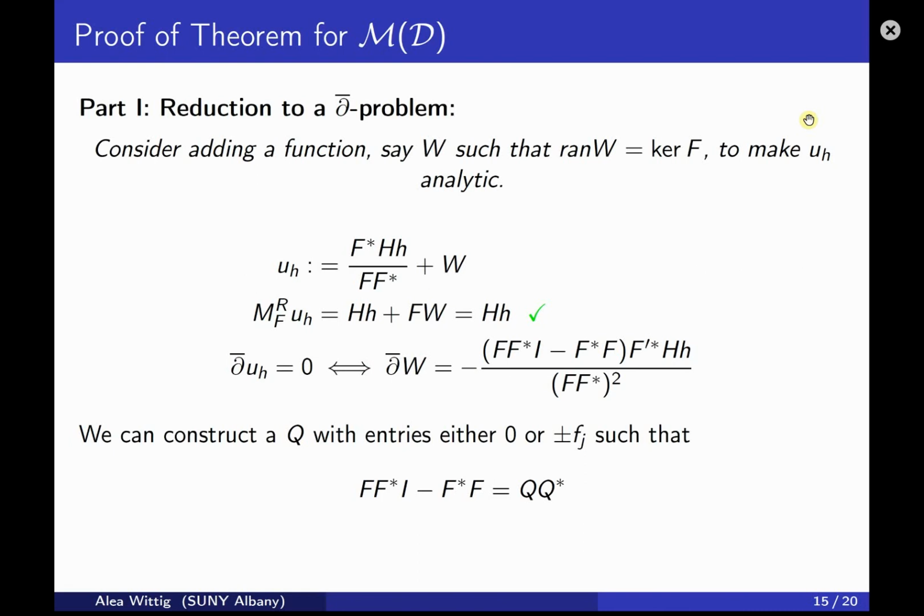So we can construct a Q with entries either 0 or plus or minus fj, such that f star minus f star f is equal to Q star. And that equation will imply that range of Q is equal to kernel of f.